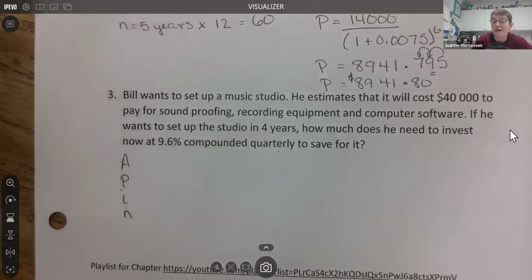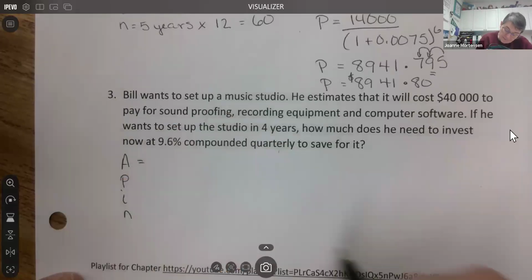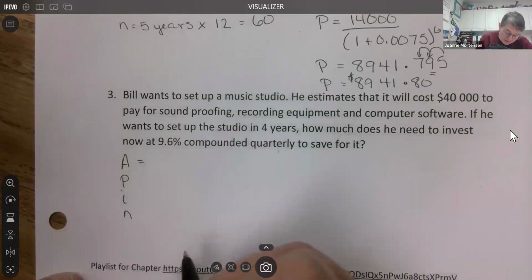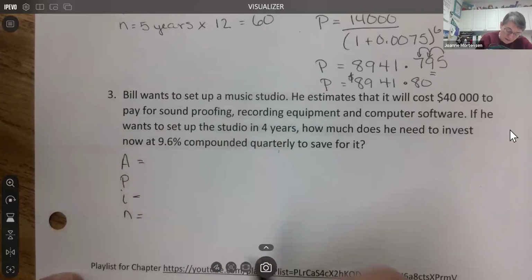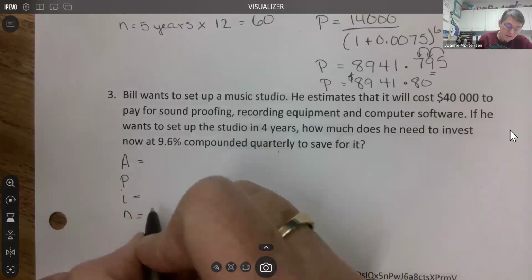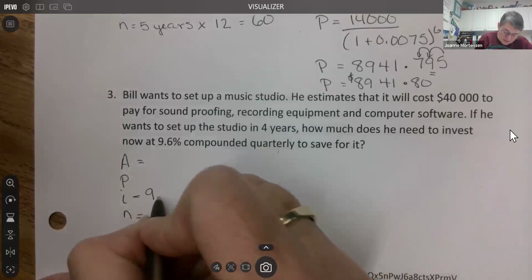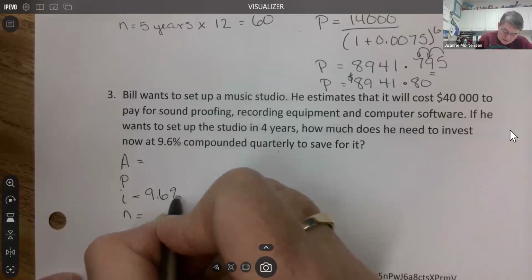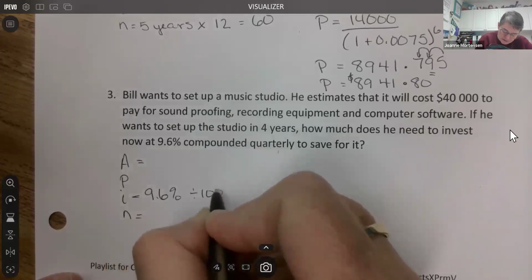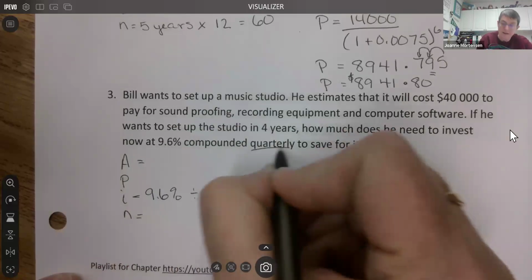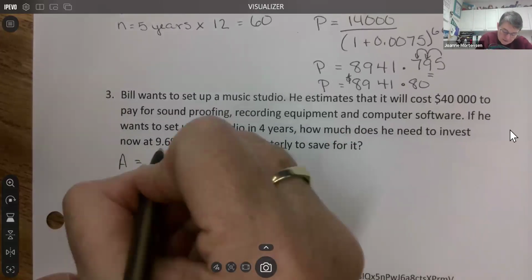Oh, in case I forgot, turn off the video, try it yourself, then come back. Yeah, I'm just going to keep doing it in the same order because it's easier. 9.6% divided by 100 divided by quarterly. All right, whoops, we did this one.